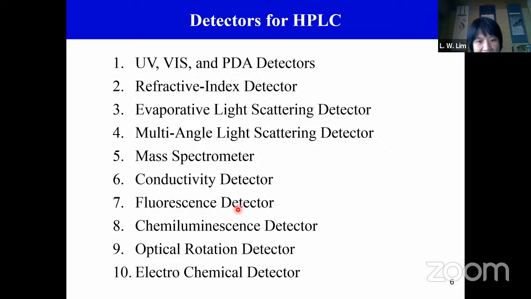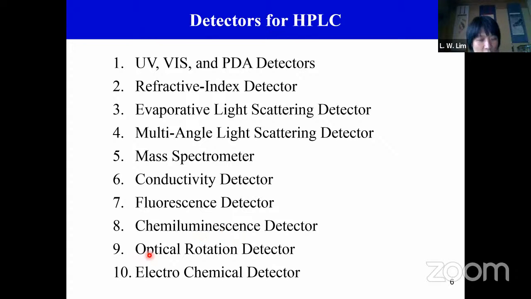The wavelength of fluorescence is very different from UV-vis, and therefore fluorescence is very selective. Another one is based on chemical reactions: after the separation column, by applying a chemical reaction, we have the chemiluminescence detector. This one is also very selective to certain compounds that undergo the reaction.